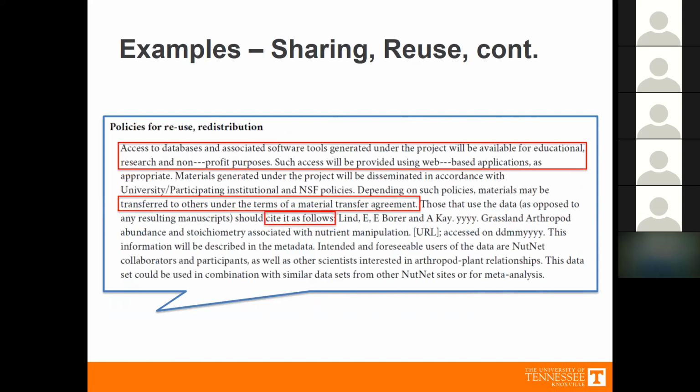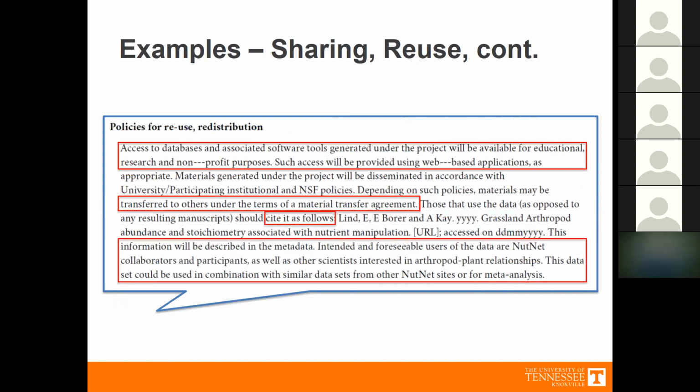Some additional information that they want data reusers to know is they want the data to be cited, and they give a suggested citation. And it looks like this may have been an early draft of the data management plan where they just put in some placeholders for dates and URLs, but in the final version you would spell out all the information that you want included in that citation specifically.